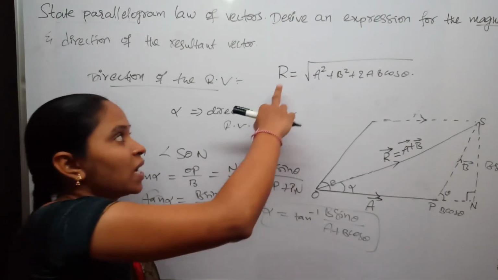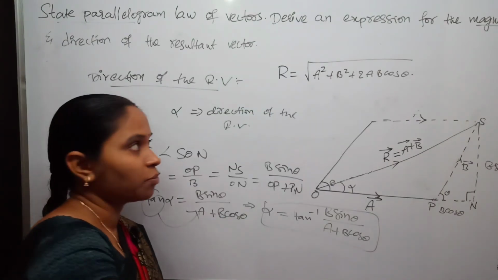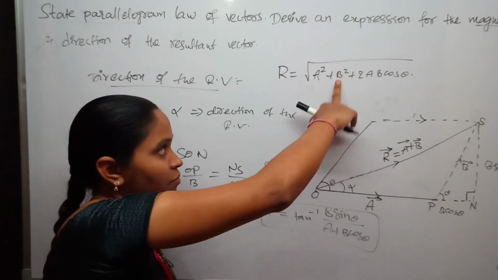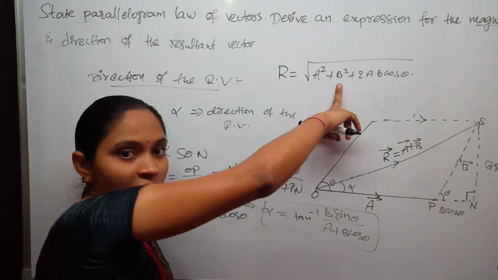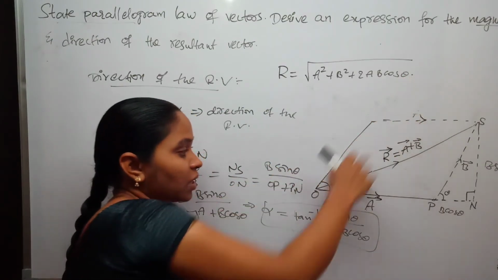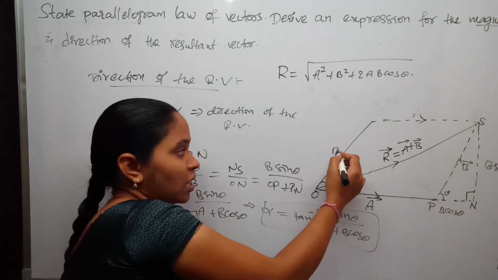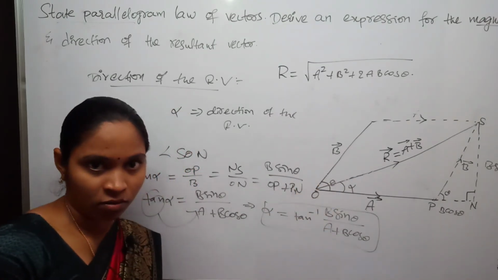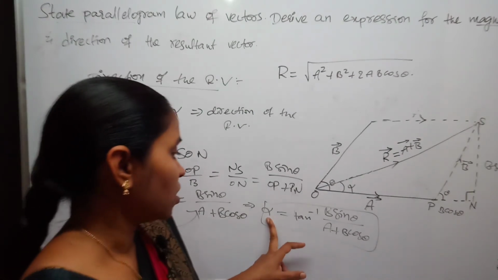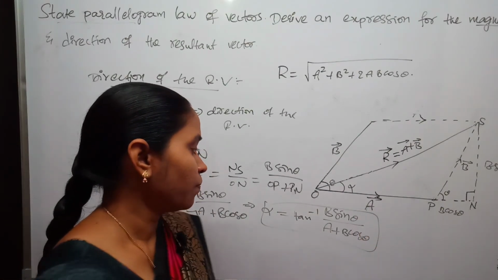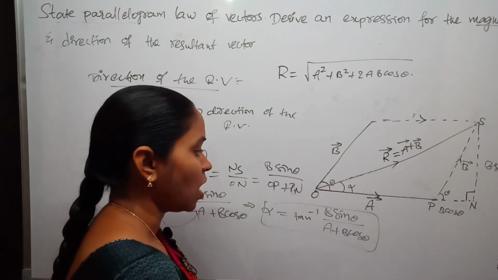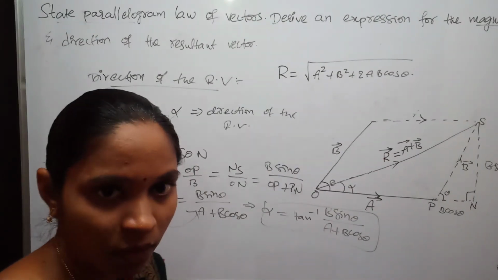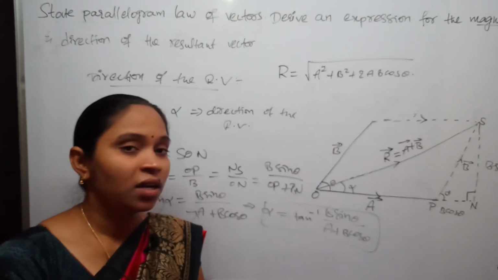The magnitude depends on the magnitude of the vector A, the magnitude of the vector B, and also the angle between A and B. The direction depends on the angle between these two vectors and also on the vectors A and B. And here I will end our lecture.